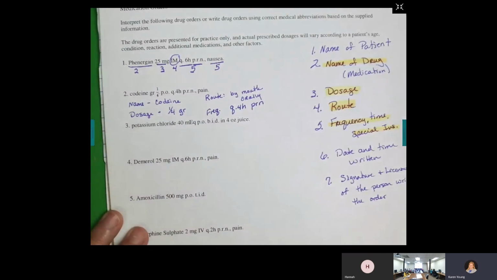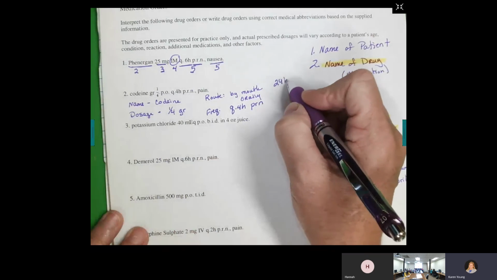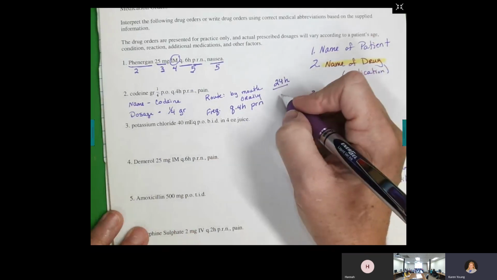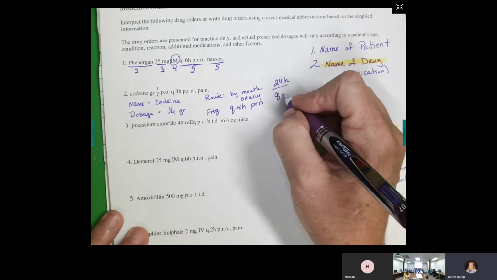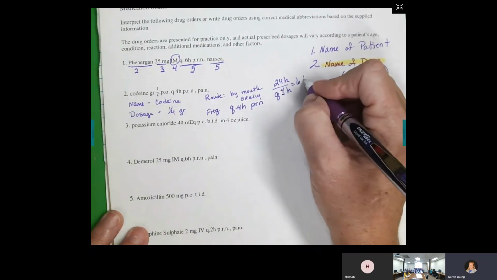If something is given every 4 hours, how many doses in a day are you going to have? 6, yeah. To get the number of doses, you take the 24 hours in one day and divide it by your every so many hours. In this case, it's every 4 hours. So I'd get 6 doses.